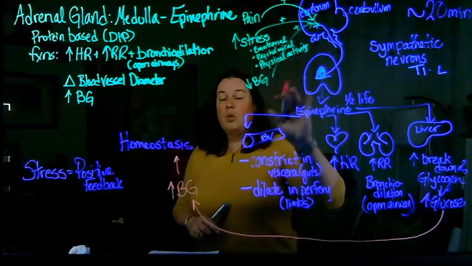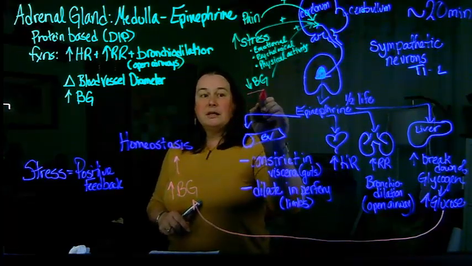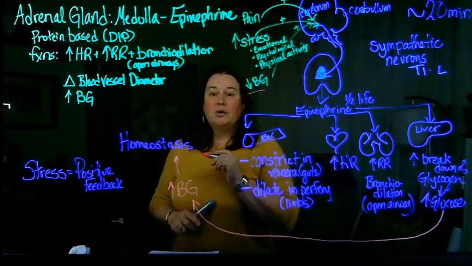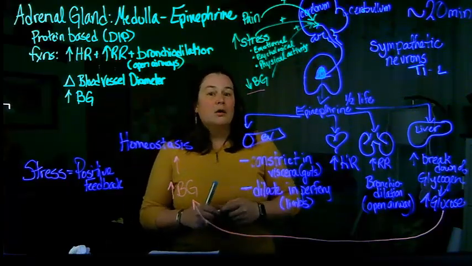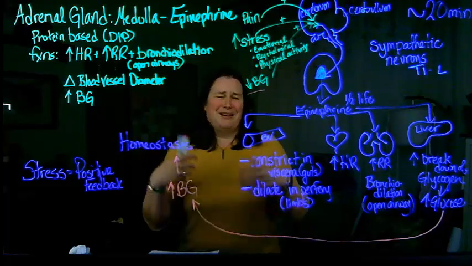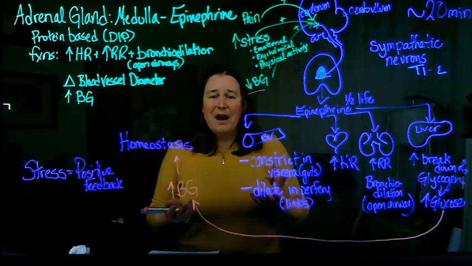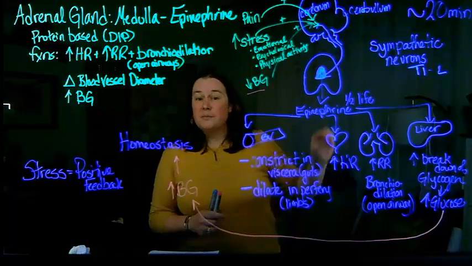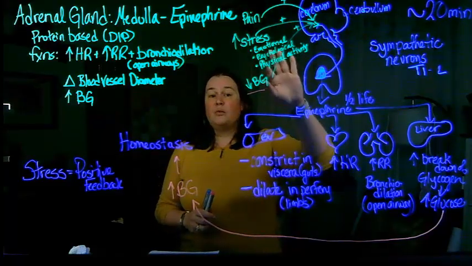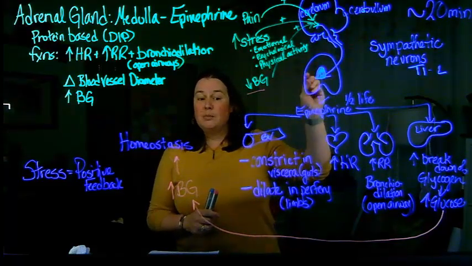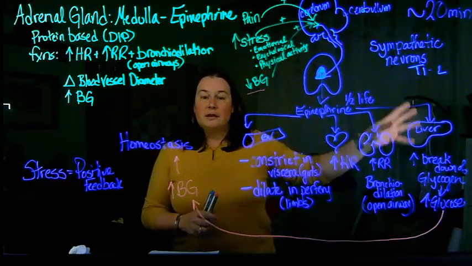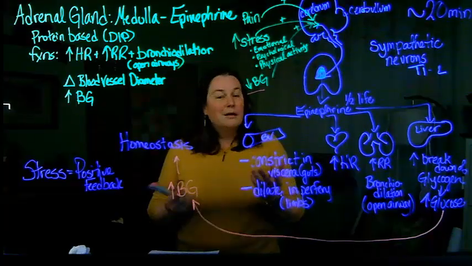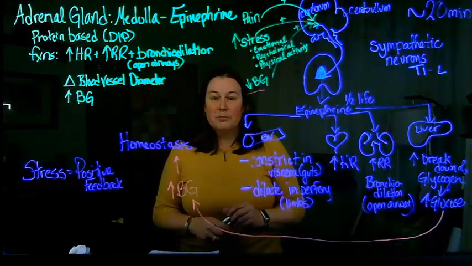Now, remember one of the key signals was this decreased blood glucose. So in this situation, if and when epinephrine is used because your other hormones are all whacked out, if epinephrine is being used to increase blood glucose levels, then we should be able to release the protein-based hormone from the adrenal gland, and then from the adrenal gland, the liver will release some glucose that it had stored as it breaks down glycogen.